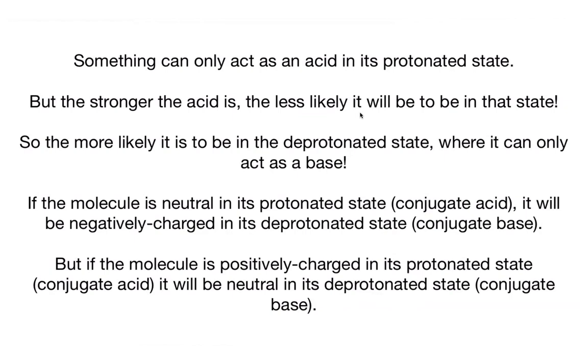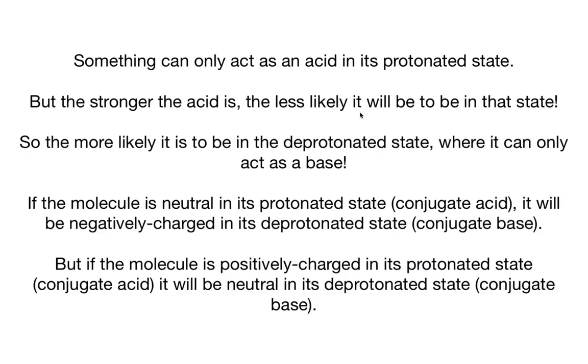If the molecule is neutral in its protonated state, in its conjugate acid, then when it deprotonates, it gives up that positively charged proton, so it's going to be negatively charged in its conjugate base form. But some molecules are positively charged in their protonated state. So the conjugate acid is positively charged, and therefore they'll be neutral in their deprotonated state, in their conjugate base state.